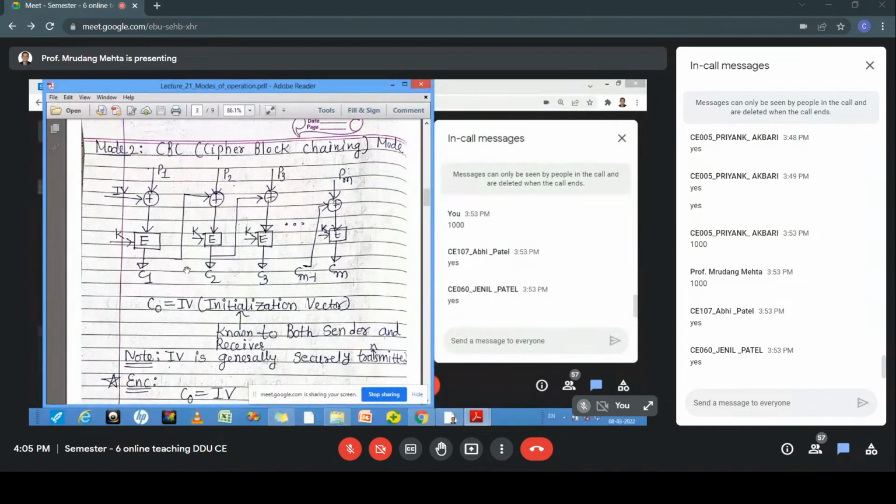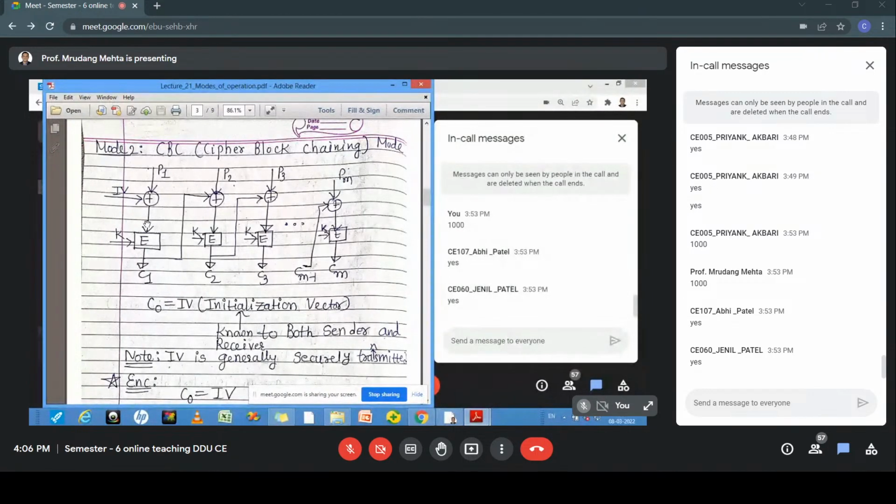See, what happens is, in this mode, we have a plain text P1. You can see that it is XORed with some IV. IV is the initialization vector. So instead of directly giving P1 to encryption, we first XOR it with the initialization vector, and the output of it is given to encryption with the key.